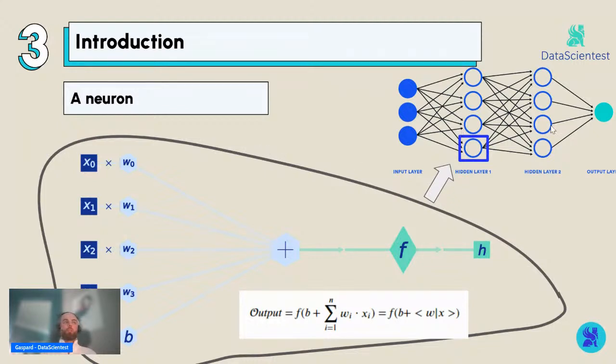But if the model is wrong, we will have what we call backpropagation. So the model will just look back at the different weights and adapt the values to correct the error to try to approach the right value. That's what we call the forward propagation.